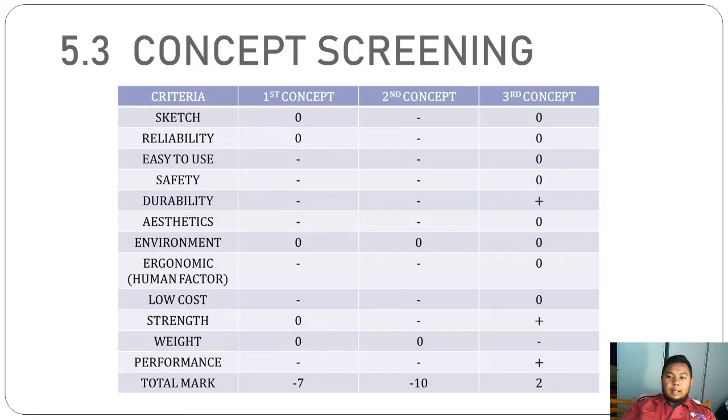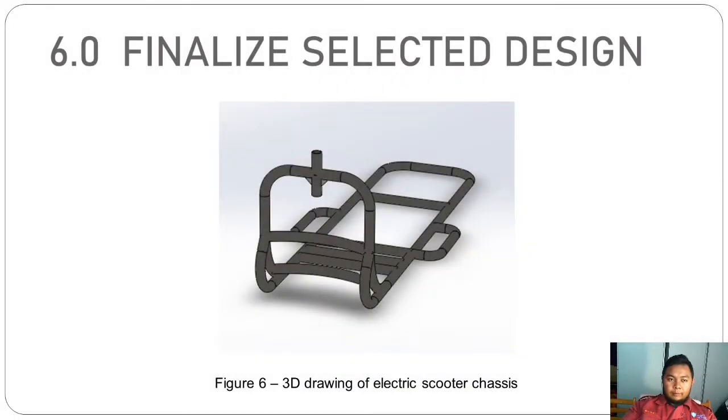It has high strength and high performance compared to the others. So by doing that, the conclusion we get is a positive number. So we proceed with the third concept design as our permanent design. So here's our finalized selected design.